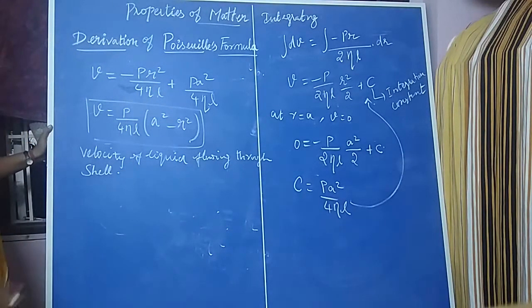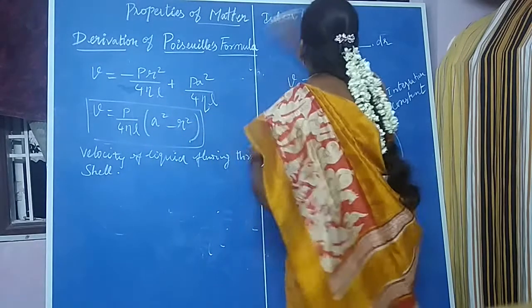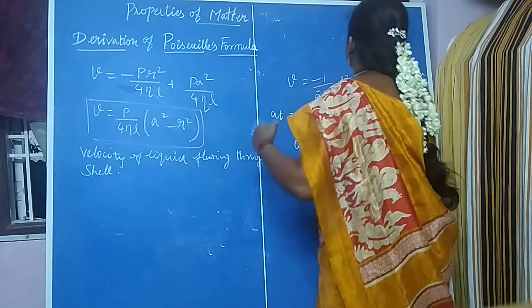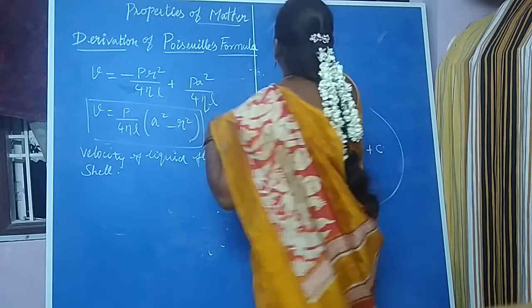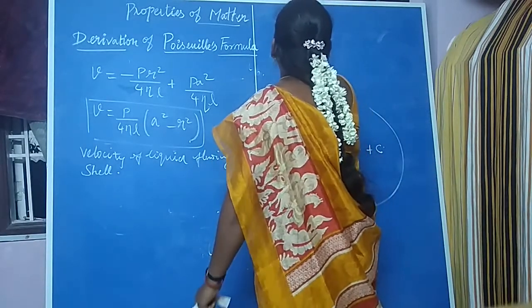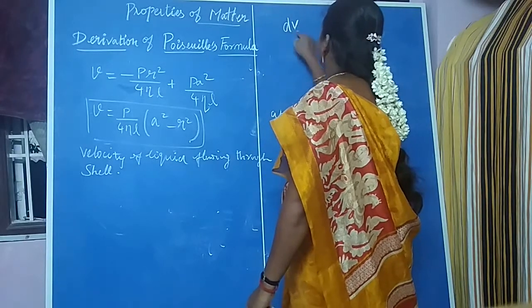Now we have to calculate the volume of the liquid flowing through the shell. The volume of liquid flowing per second in the shell is taken as dV.